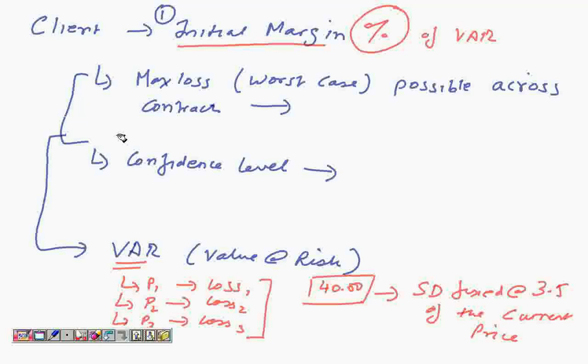What is the maximum possible loss across the contracts at the current confidence level of the market, right? And then you try and calculate the losses at various price ranges. And because it is not possible to calculate losses at all price ranges, the standard deviation is fixed. For example, if the current price is 40, the standard deviation is fixed as 3.5 of the current price, right? So this is how a VAR will be calculated, and the initial margin is a percentage of that.